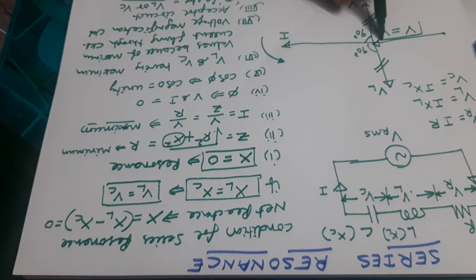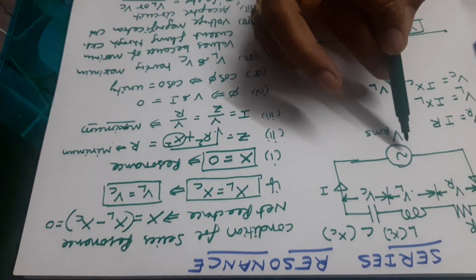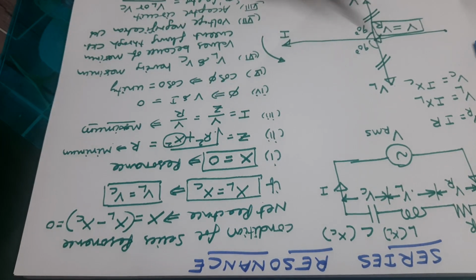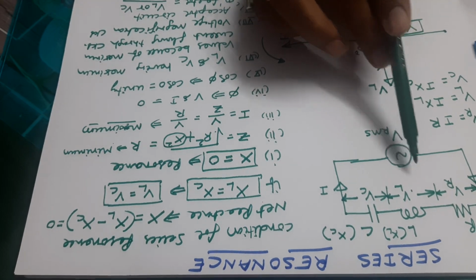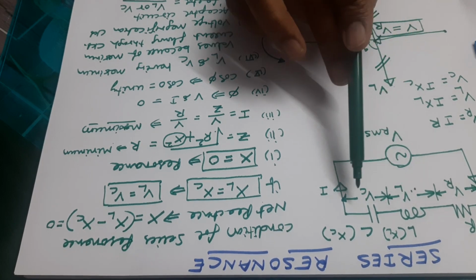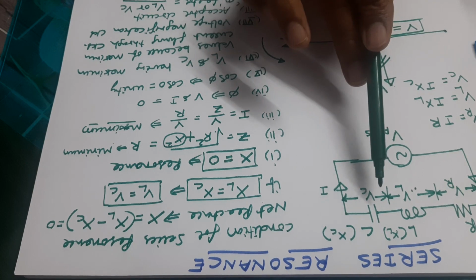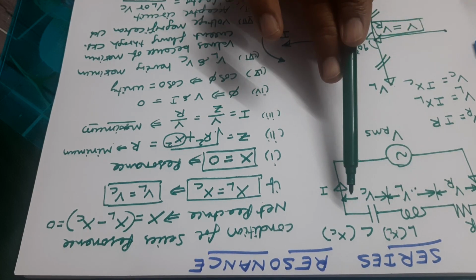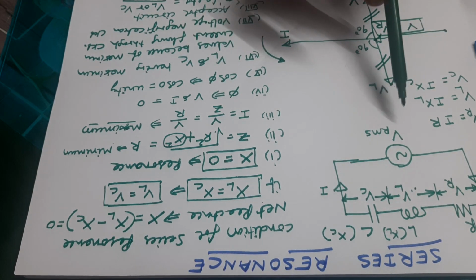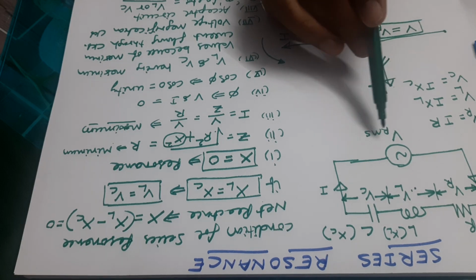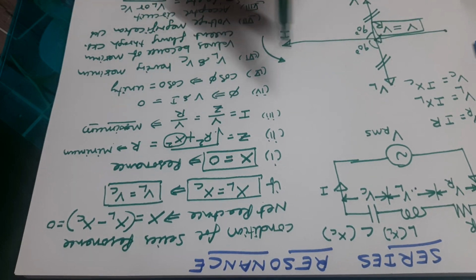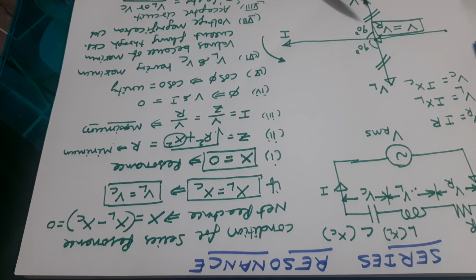Therefore, the total applied voltage appears across VR. But it doesn't mean that there is no voltage across inductance and capacitance. Definitely, the voltage across inductance and capacitance will be many times more than the applied voltage, but these two are equal and opposite.